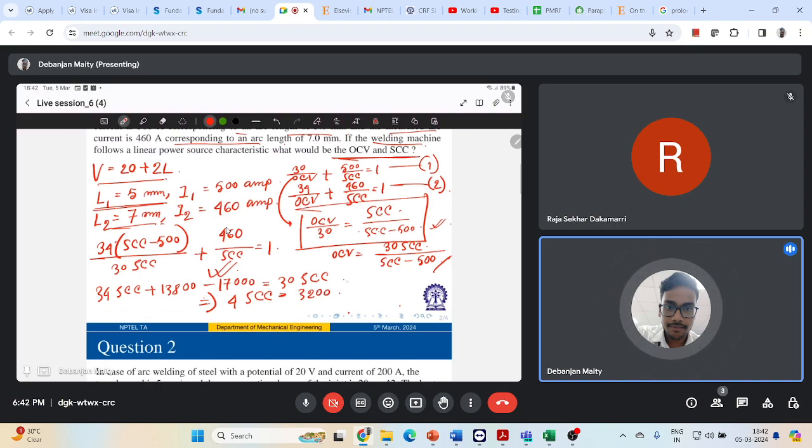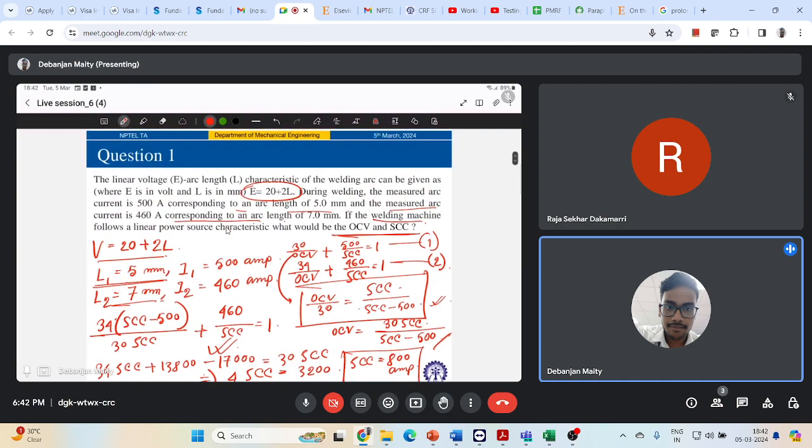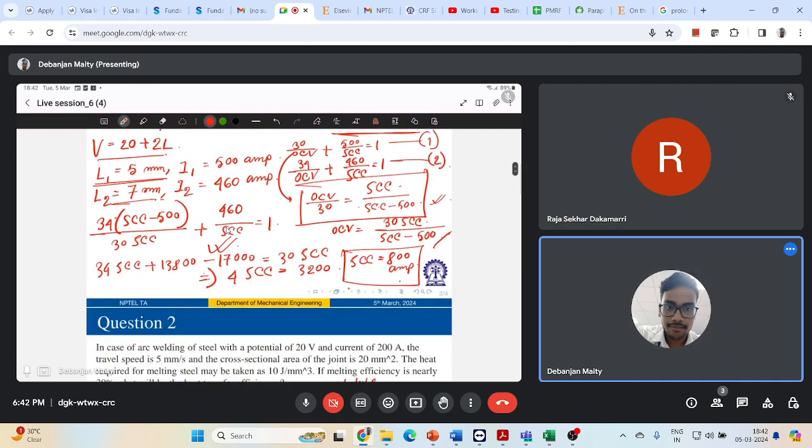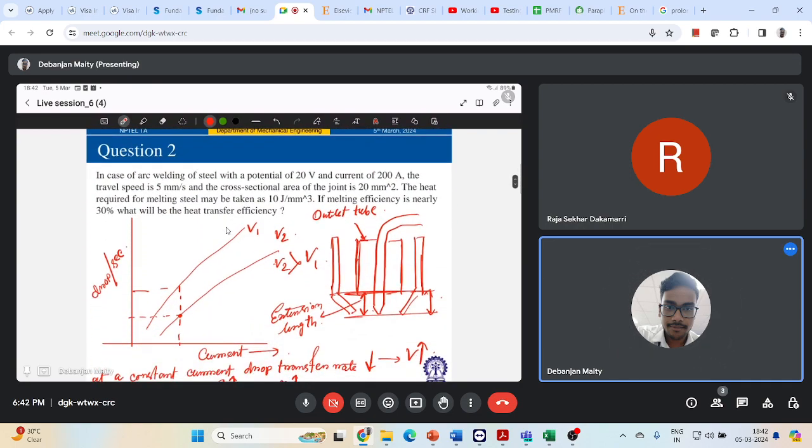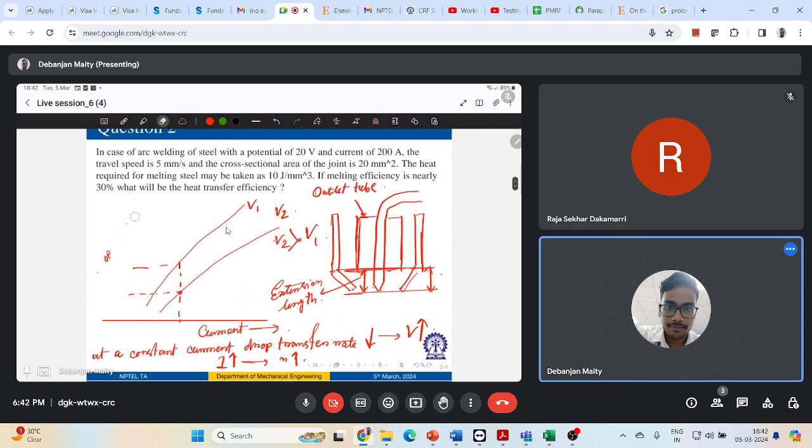Yes. So, my short circuit current is coming as 800 amp. So if you get your short circuit current, you can simply put the value in either of your equations and get the value of OCV, right? I hope this should be clear. So we'll move to the next part.